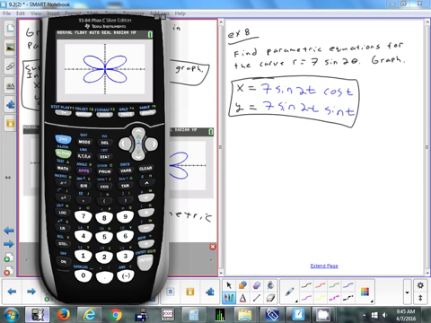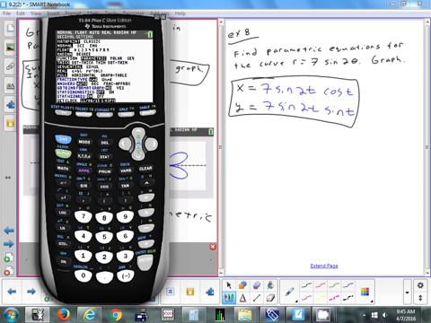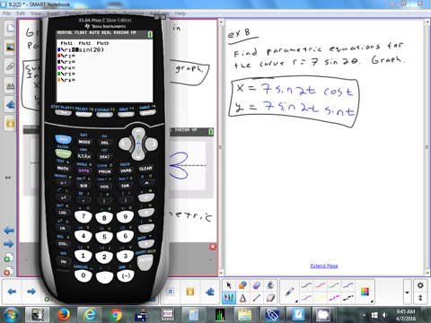A few things about, let's go back to polar, because that one's easier for me to mess around with. Let's change the 7 to a 2. If you consider each one of these things a petal, what did it do to the length of the petal? Shortened it. In fact, if you had to guess, how long would you say each petal is now? Each petal is 2 units long.